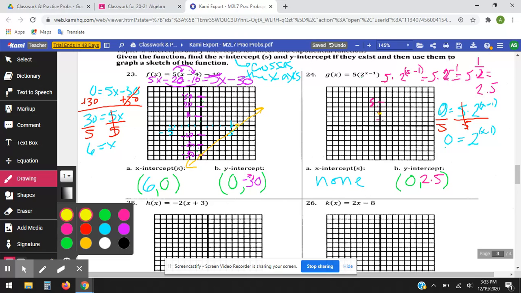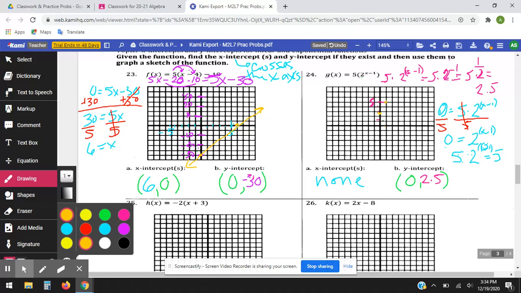Let's plug in a 1 for x so that we can see what we get if we're going to the right. So 5 times 2 to the 1 minus 1. We know 1 minus 1 is 0. 2 to the 0 is 1. 5 times 1 is 5. So my next point will be 1 comma 5.